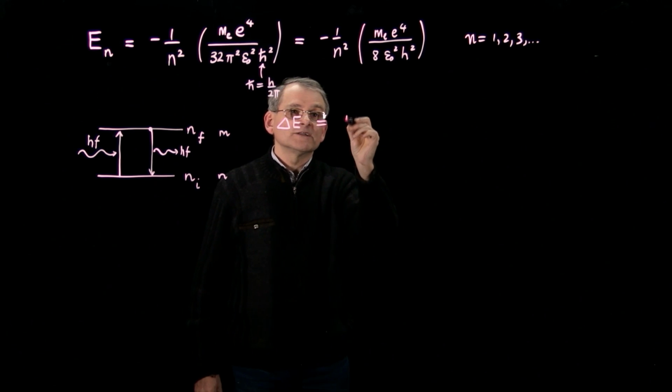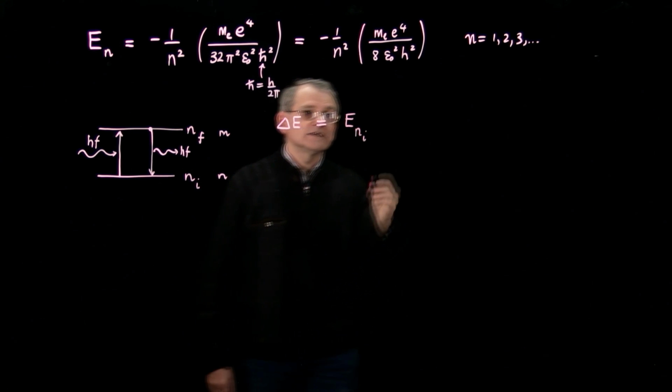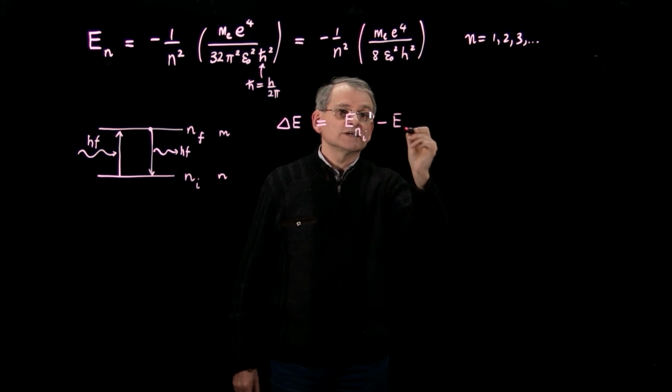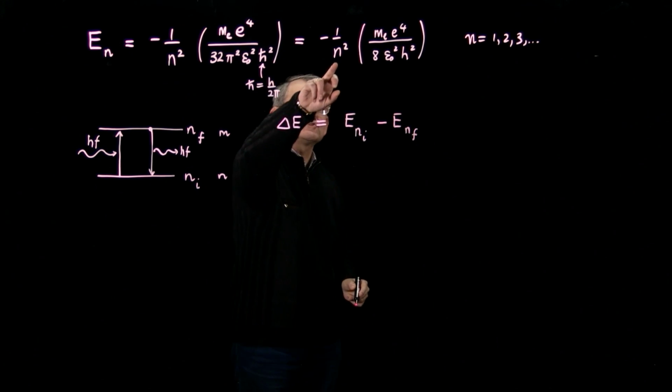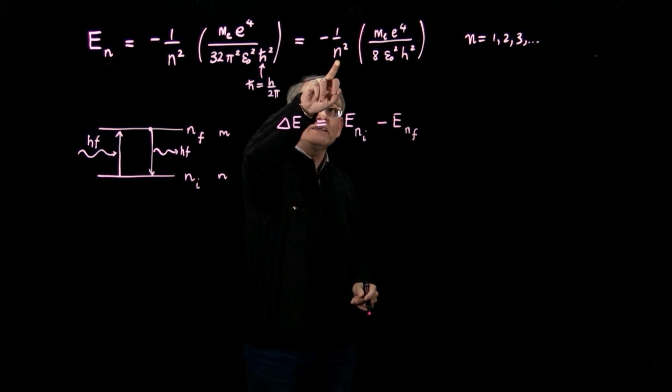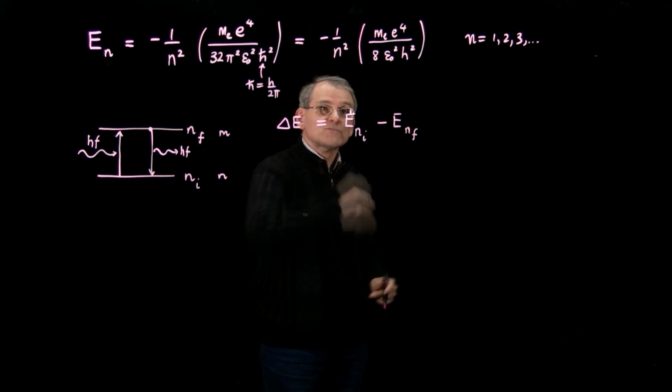So let's look at the difference between the energy in the initial state and the energy in the final state. We've got an expression for the initial state; I just replace n by n_i, or in the final state I replace n by n_f.